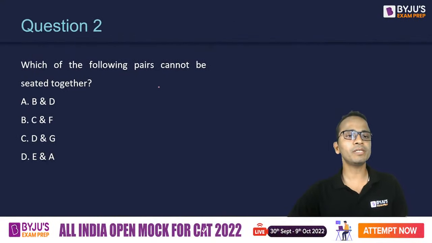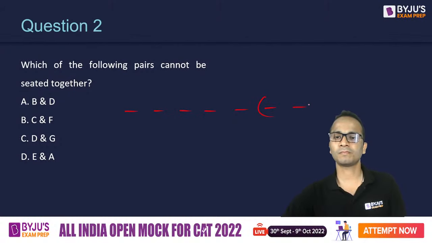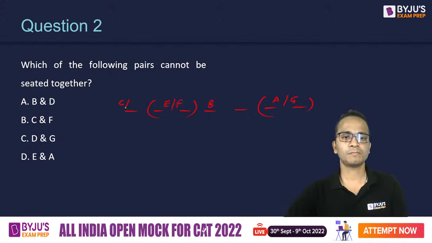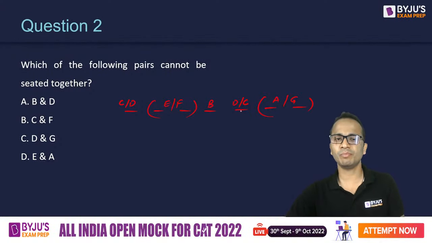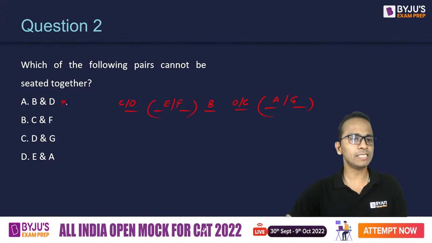Which of the following pairs cannot be seated together among the given 4 pairs? Come on, determine this. Okay. Now B and D, can they be adjacent to each other? Yes, they can be on chair number 4 and chair number 5. So this is not the answer.